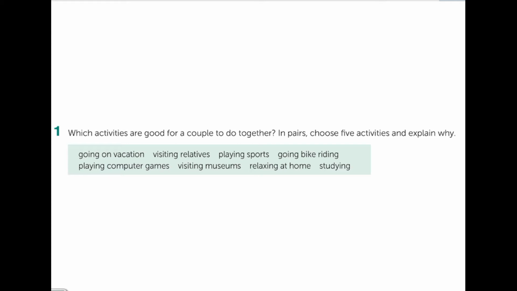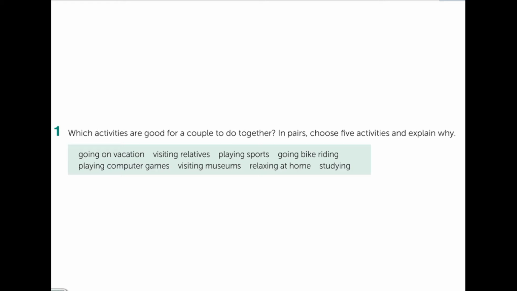Another activity that a couple can do together is visit museums, or not only a couple but a group of friends, right? Another activity that a couple can do together is relaxing at home. You can watch a movie. What about the last one? Studying.